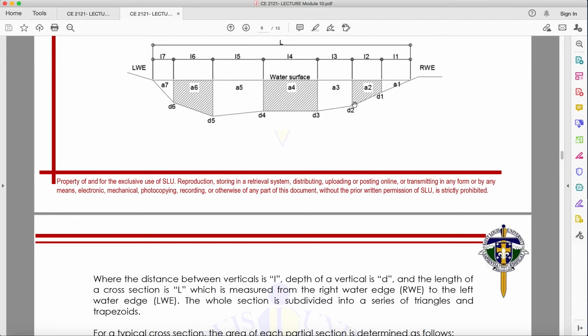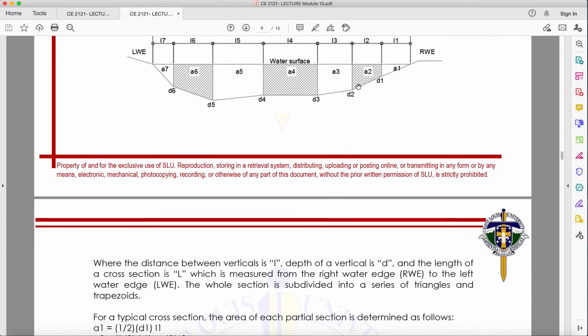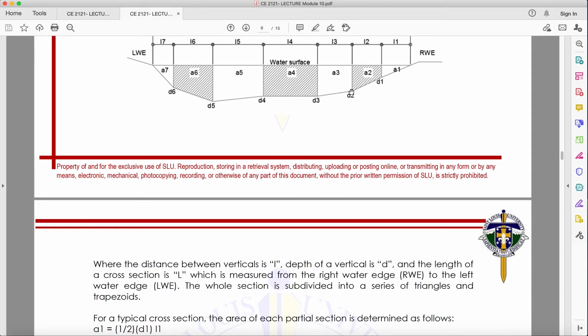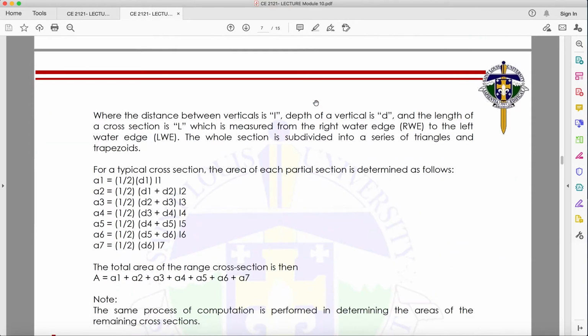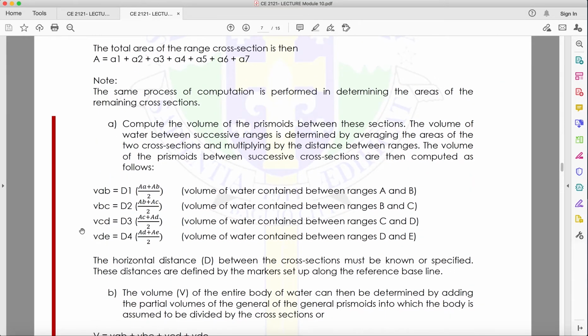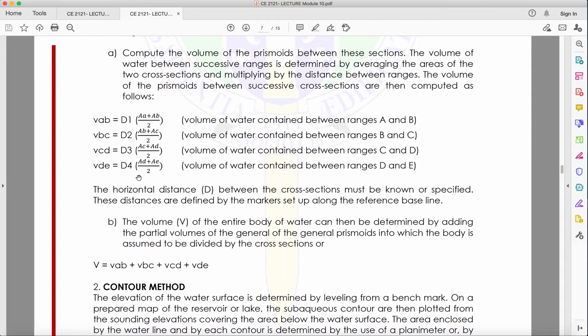So that would give you the area times the length. Now to get the volume, you multiply it by the depth. Anyways, we will see this in the problem. You don't need to memorize the formula as long as you know how to determine the volume.